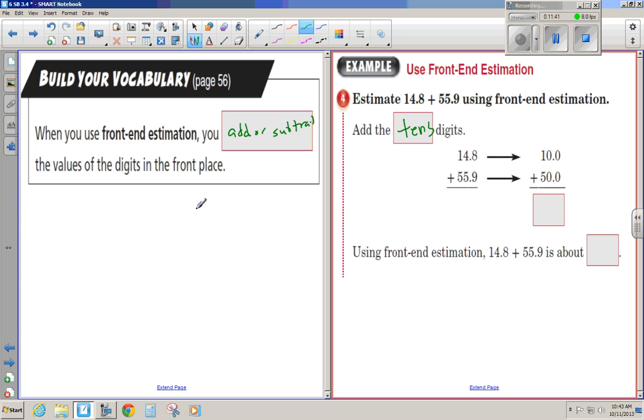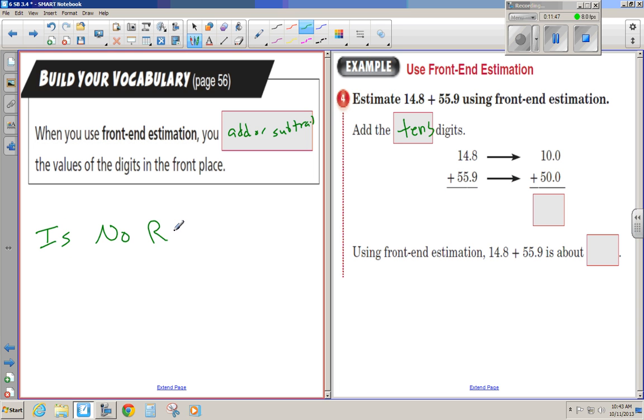With front-end estimating, there is no rounding. All you're doing is looking at the front numbers and adding them together.